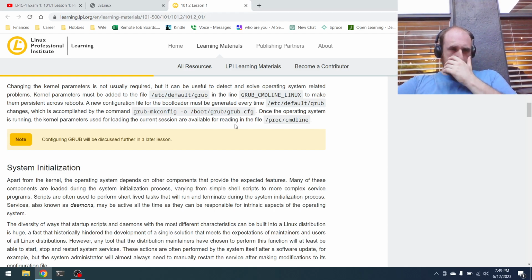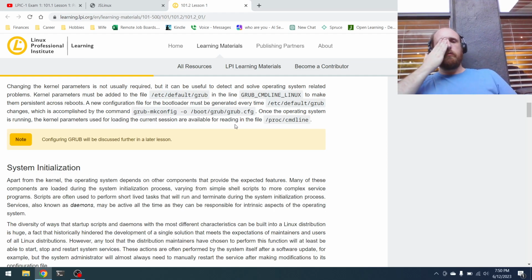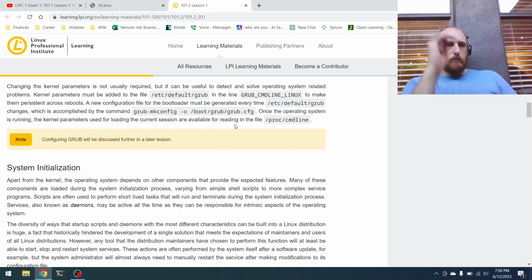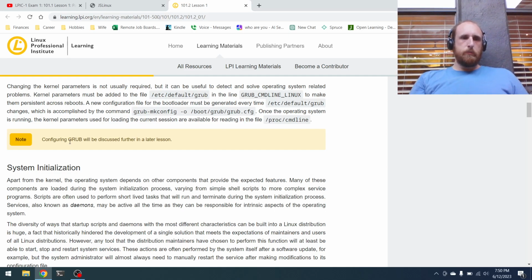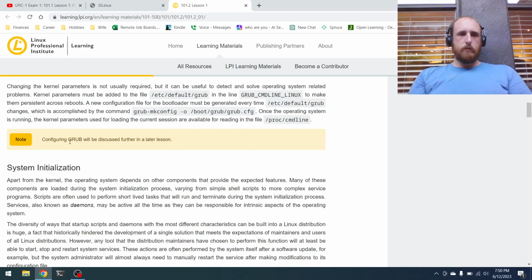Once the operating system is running, the kernel parameters used for loading the current session are available for reading in the file /proc/cmdline. Note: configuring Grub will be discussed further in a later session.